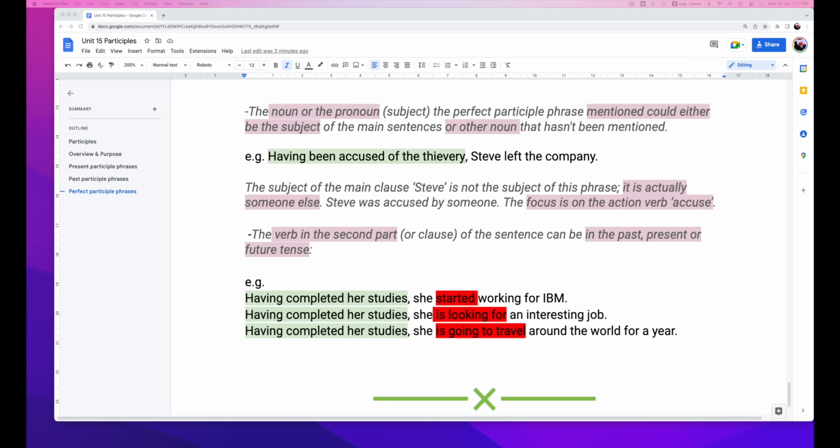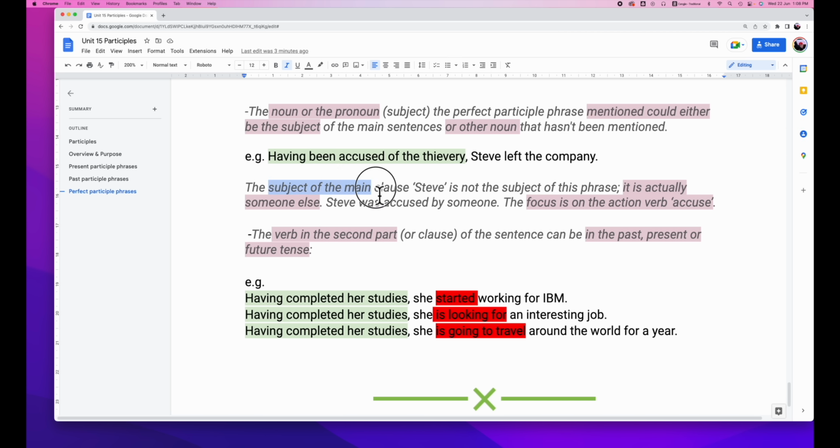Now, how about the noun or pronoun that is used in perfect participle phrases? Let's take a look. The noun or the pronoun of the perfect participle phrase could either be the subject of the main sentence or another noun that hasn't been mentioned. Example: having been accused of thievery, Steve left the company.